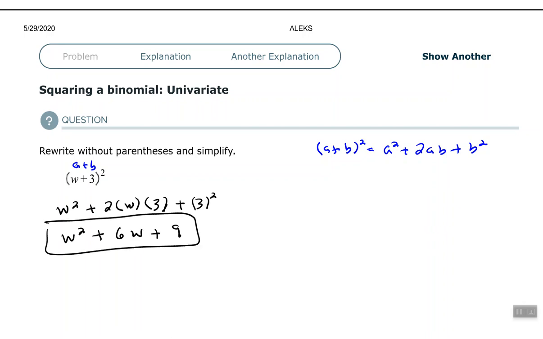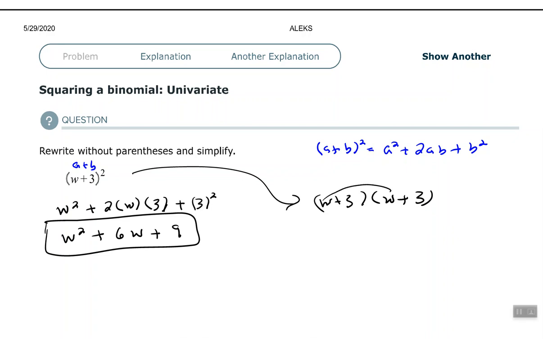And it takes practice, so just make sure you practice. The alternative to that would be to write out w plus 3 times w plus 3 and multiply it out like we've done before.